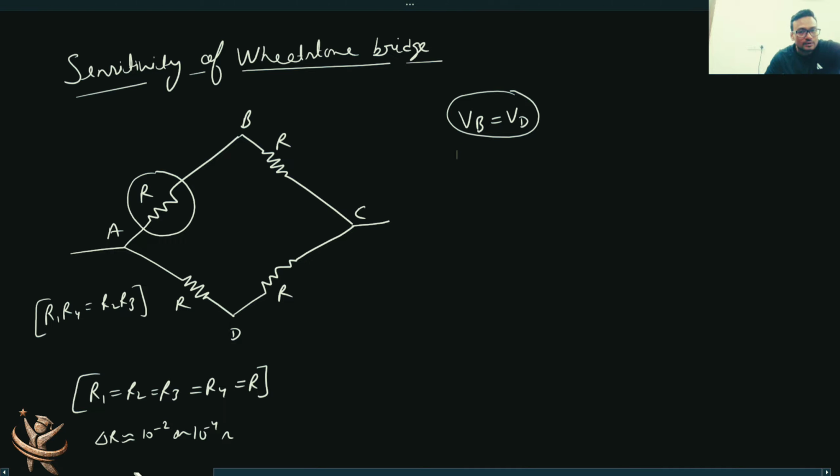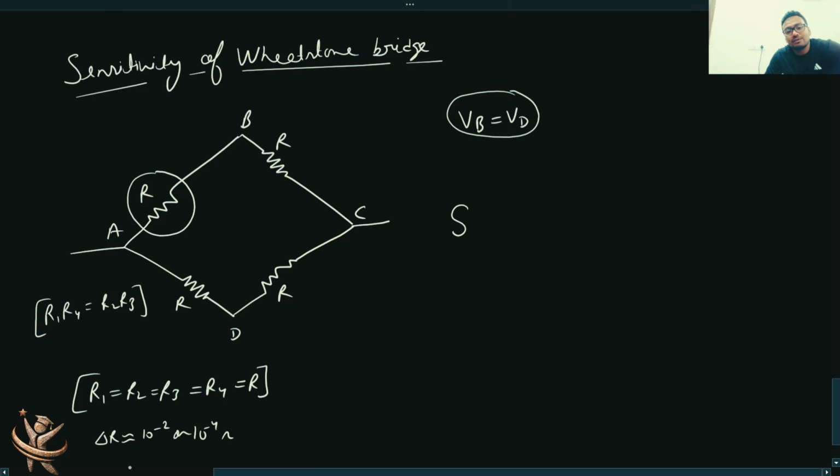And it is not observed for any other case. So the whole point of this video is to prove this particular statement. What is that? That when I take all the resistors the same, then the sensitivity of this Wheatstone bridge is going to be maximum. Okay, now how to gauge this sensitivity here?